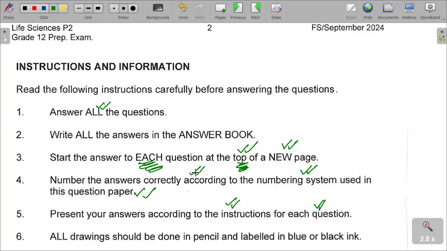This is Life Science. We don't choose. We write the full paper. Also, don't make the mistake of using a wrong pen. We use black or blue ink strictly in our paper. We don't use any other colors. Please take note of this. We don't want unnecessary disappointments.